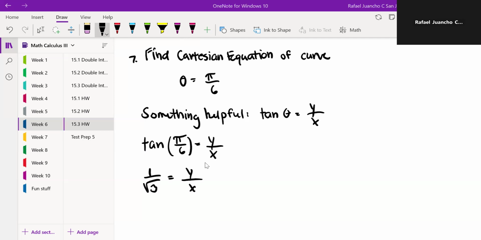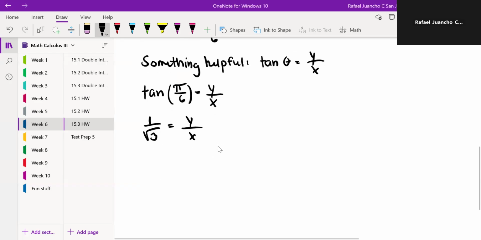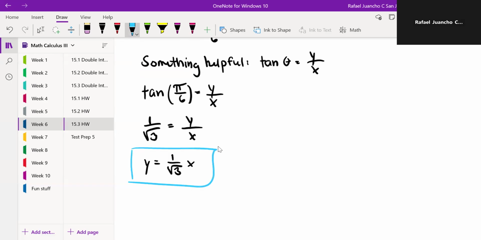Look at the trig table to do that. And then I evaluate it. So here I get y is equal to this thing times x. So what do we notice? There's actually a line. The thing's a line.